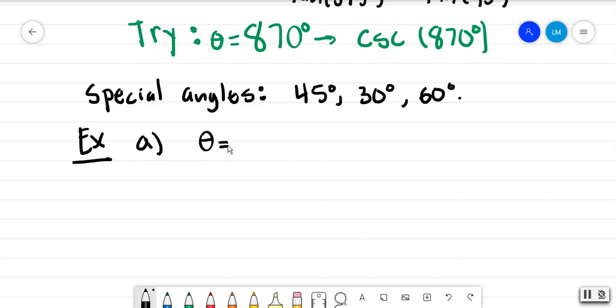So theta equals, let's do 210 degrees. And then for B, let's do 300. We'll do 330 degrees.